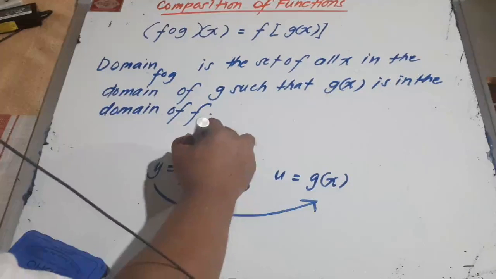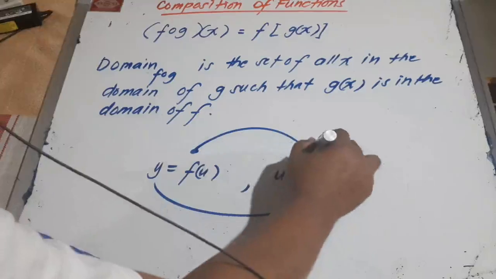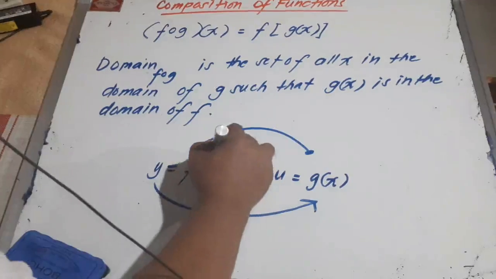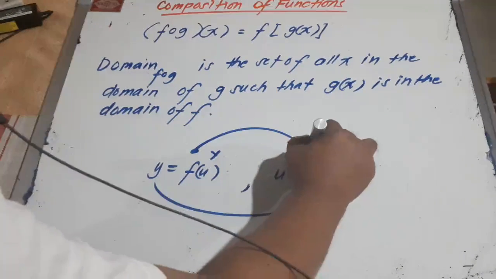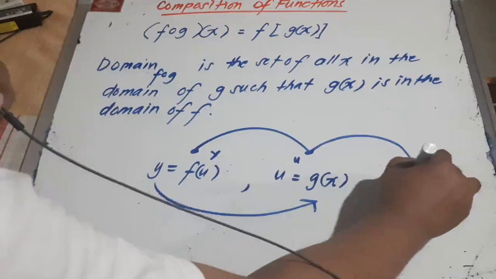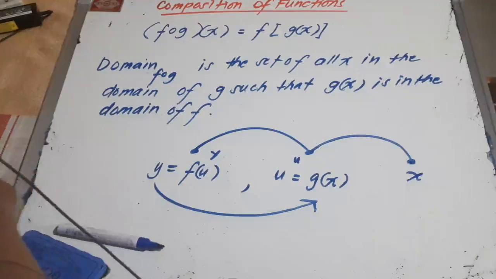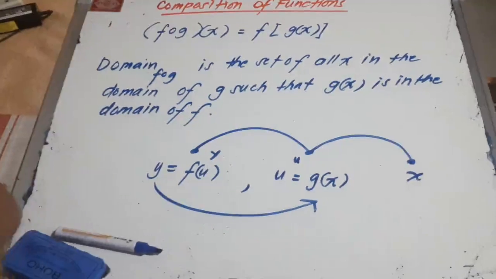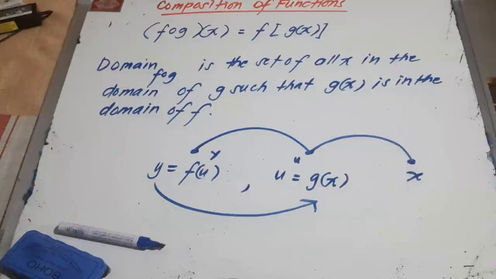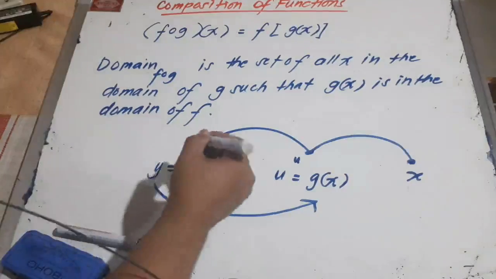So ibig sabihin, y is related to u, and u is related to x. So nagkakaroon ng composite function kapag kinuha natin yung relationship between y and x. So ito yon.